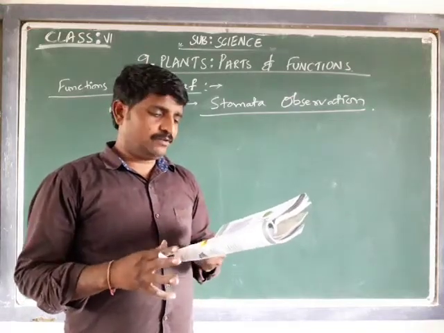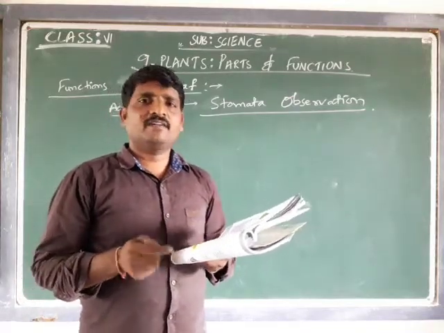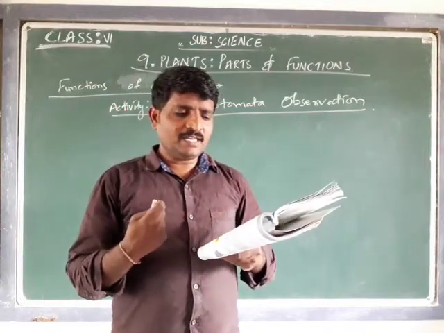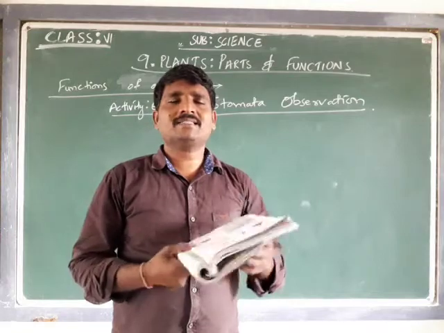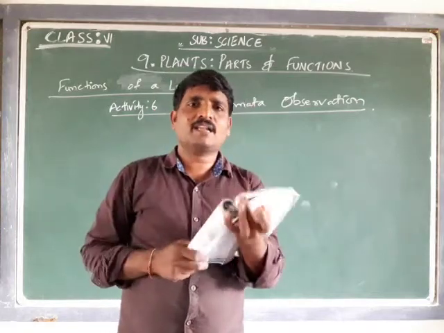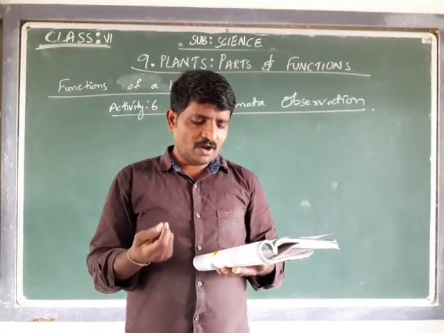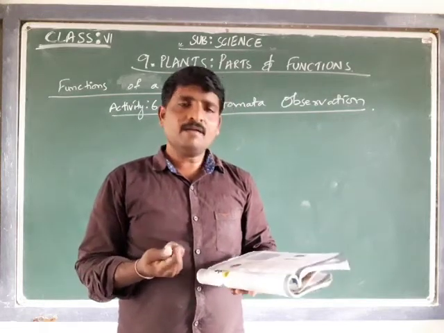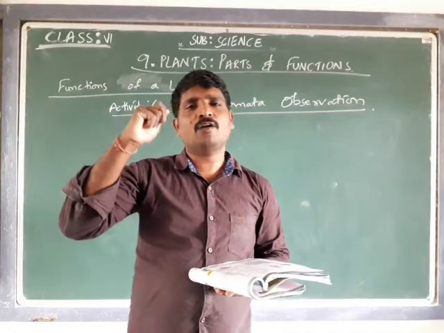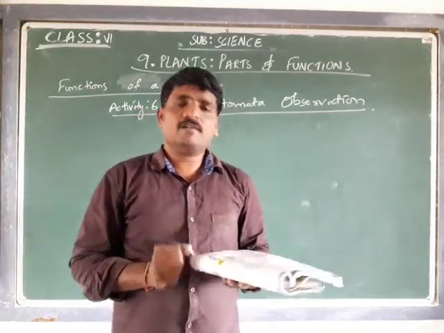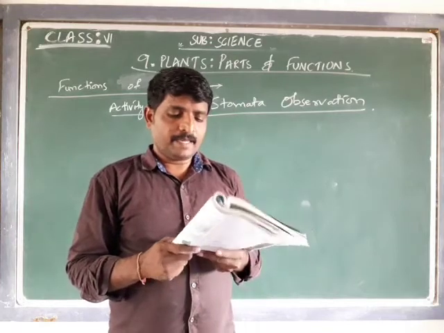To do this, what do we have to do? Take a fresh leaf, peel the outer layer of the leaf and place it on the slide. Put a drop of water on it and observe it under a microscope.